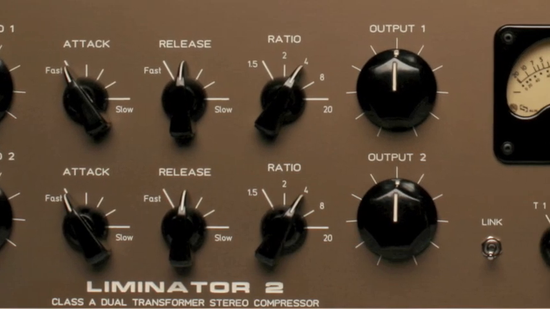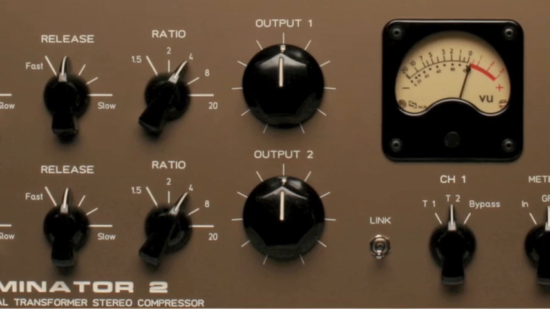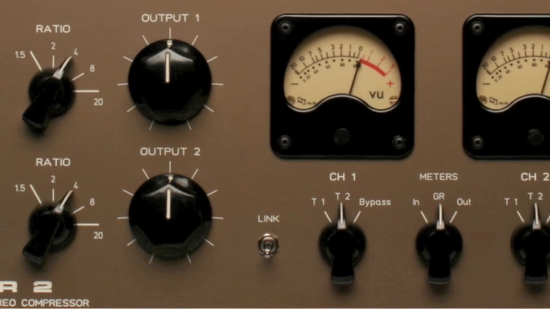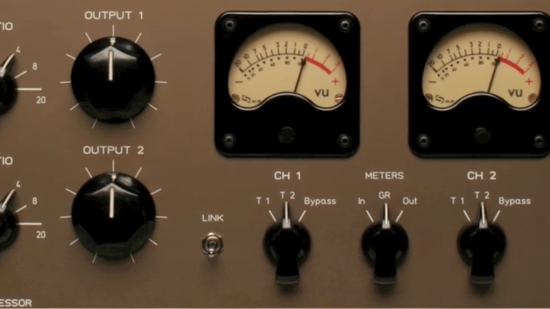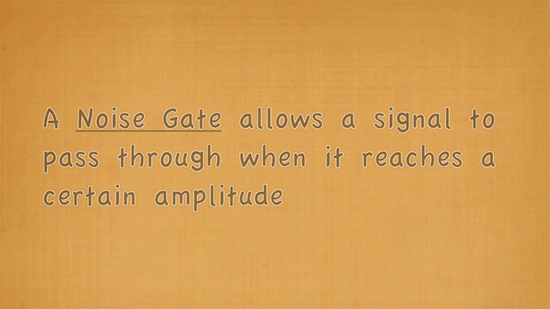There are many types of effects in this category, but we will focus on the most important: noise gates and compressors. Other effects include limiters and expanders. In short, a noise gate allows a signal to pass through when it reaches a certain amplitude, and vice versa.